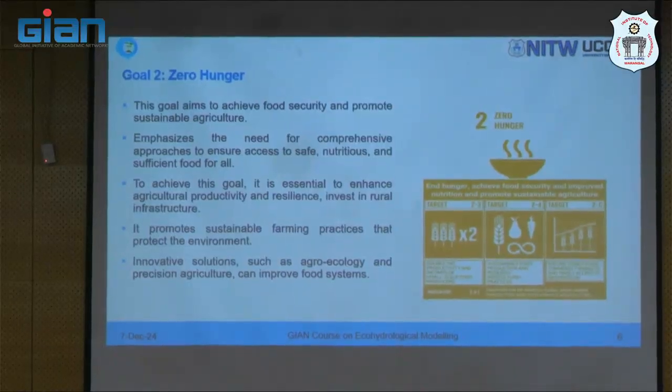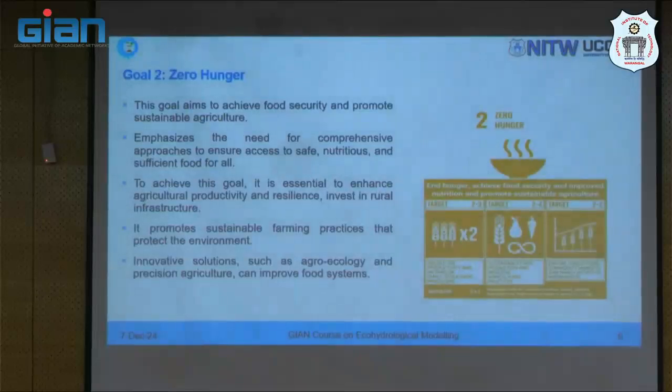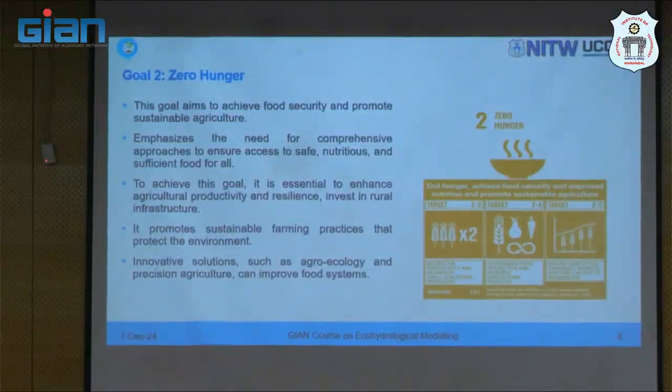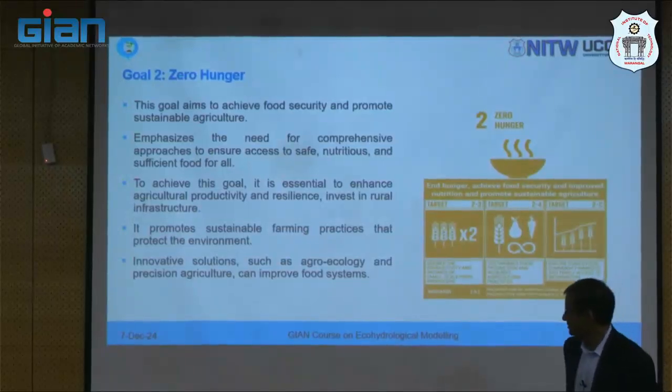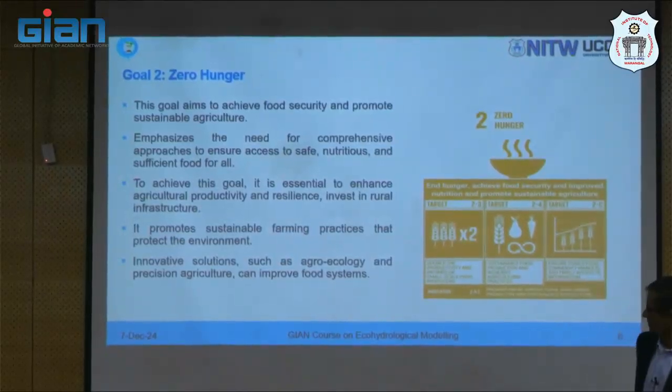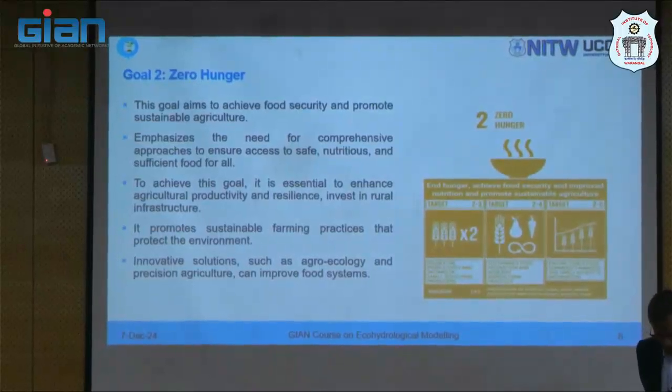Because they also carry additional responsibilities besides being the primary person who does the agriculture. It promotes sustainable farming practices, right, that protects the environment. Innovative solutions such as agroecology and precision agriculture can improve food systems.